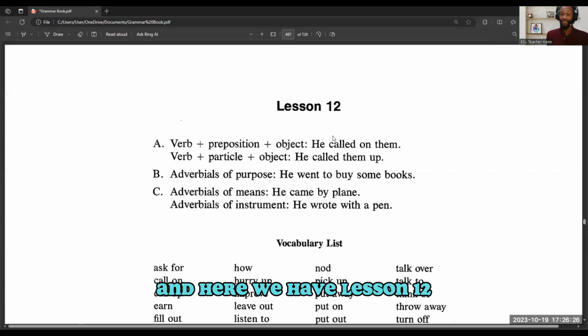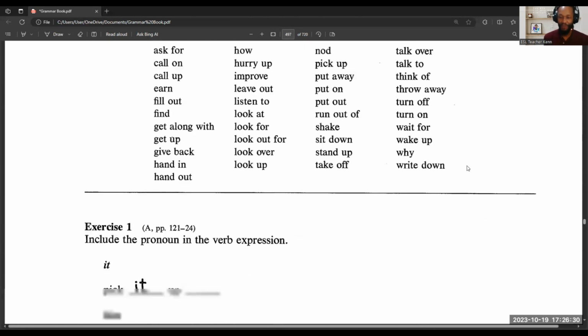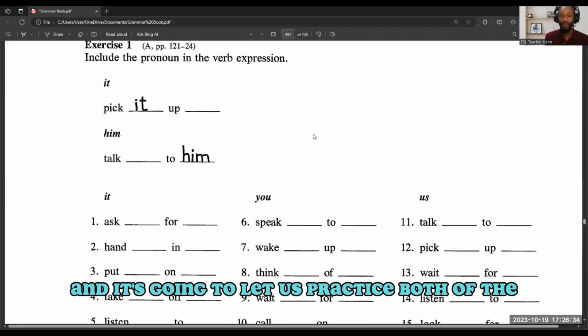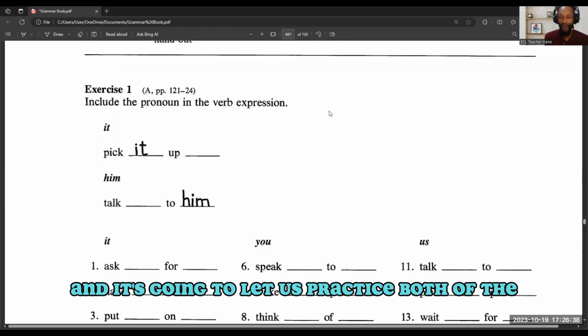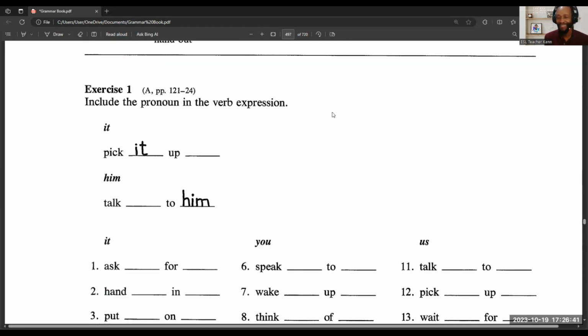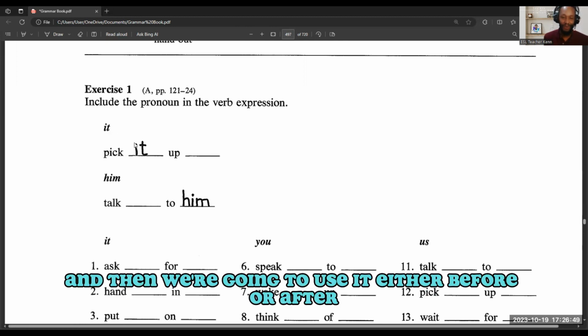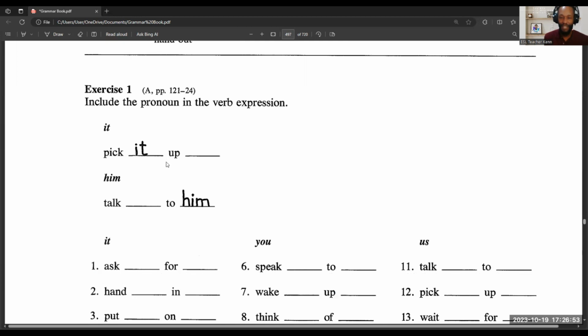And here we have lesson 12 in English Sentence Practices. We have an exercise here, and it's going to let us practice both of the situations. So it's going to tell us which one to use, and then we're going to use it either before or after the expression, okay?